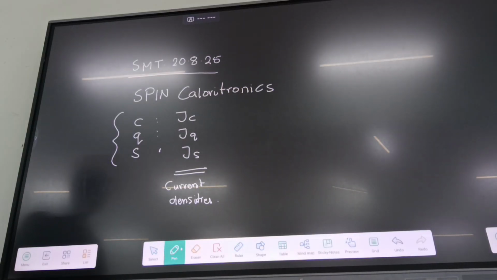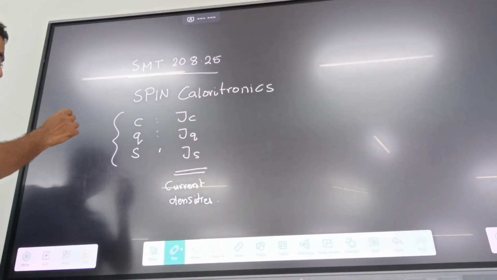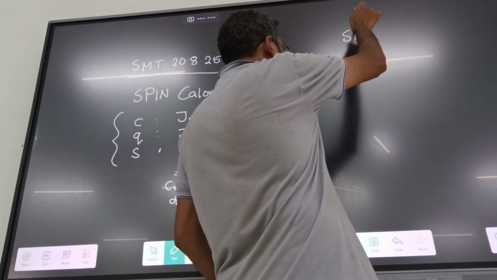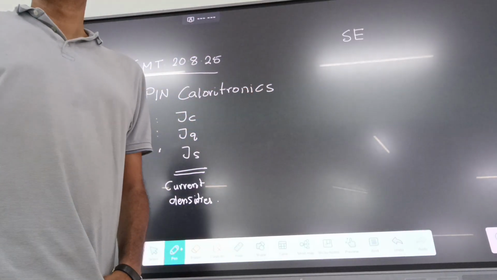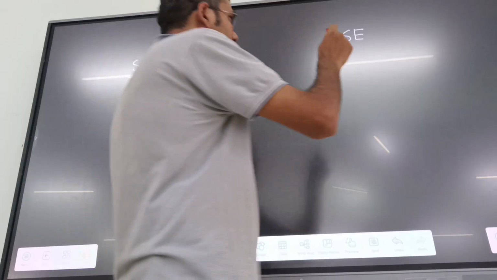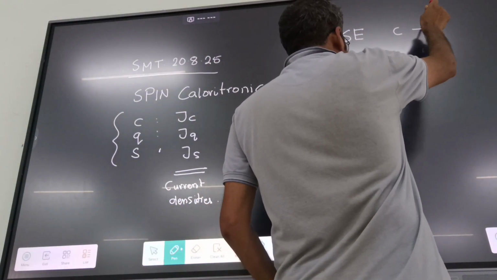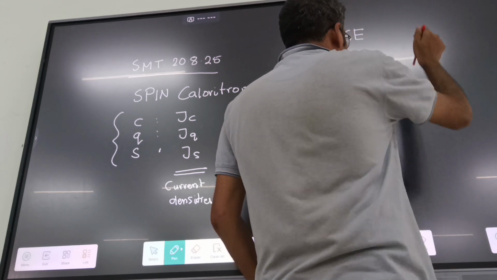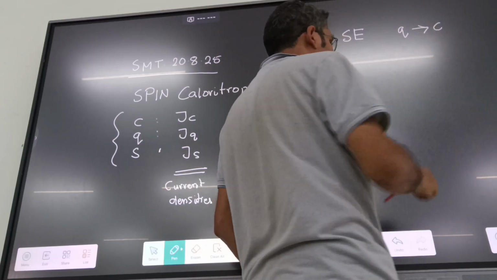Spin से heat generate होता है, heat से spin generate होता है. There is a Seebeck effect. When you are aware, Seebeck effect is the interconversion between heat and formation of current.